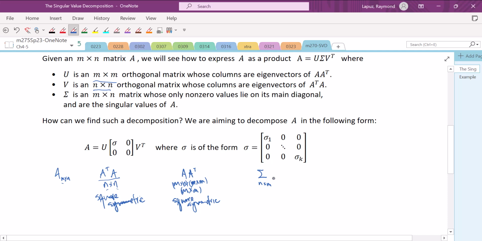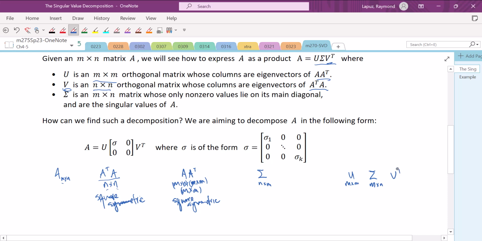All right, so let's see how that's going to look. The product is going to be U, which is going to be the same size as A transpose, so that's M by M. Sigma is going to be the same size as A, M by N. And then A transpose A is V. V transpose, since it's a square and orthogonal matrix, the transpose is the inverse.